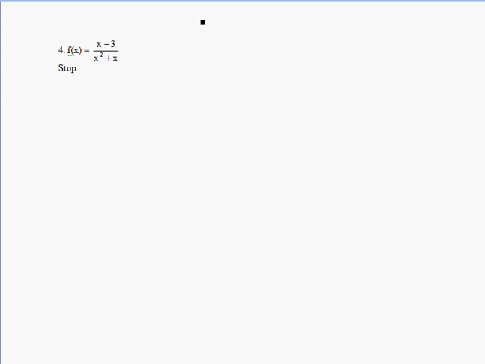So again, it's low d high minus high d low over low squared.